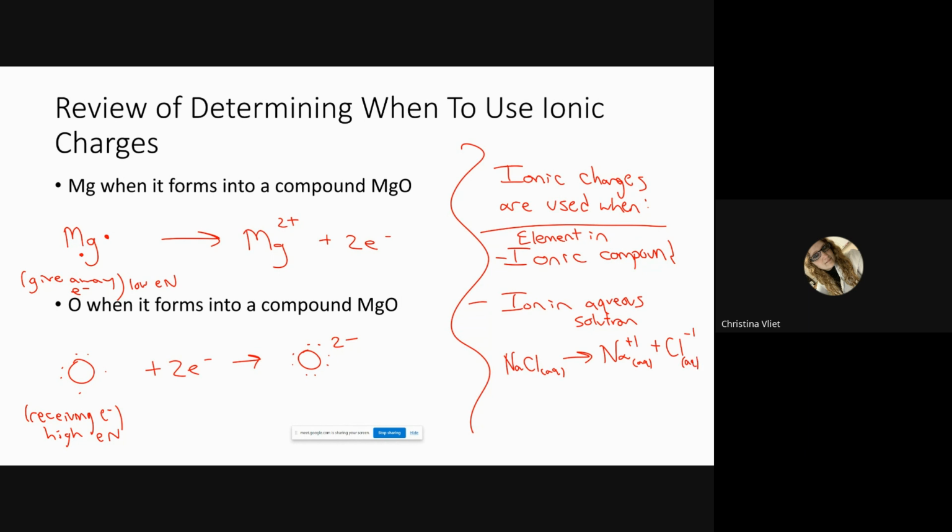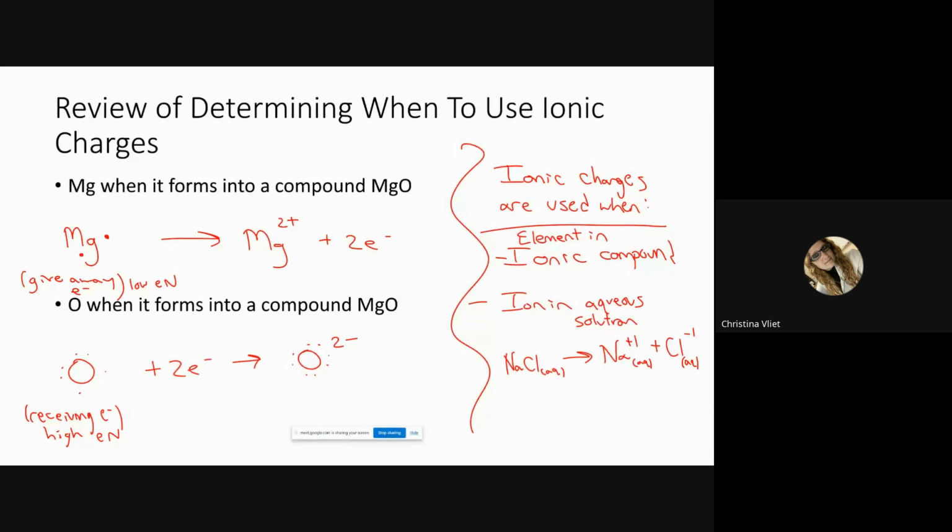All right, so I'm giving you a little bit of time to write this down. This is a reminder, but it's going to be, like I said, really important because we're about to learn how to assign oxidation numbers to elements, either in their standard state or in compounds. And if you understand electronegativity, there's really not a lot to memorize here.